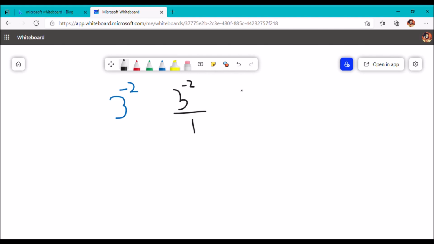So if we take this to the denominator, it becomes 1 over, just as this. So it becomes a positive index. So if this is then expanded as 3 times 3, lastly this is the answer.